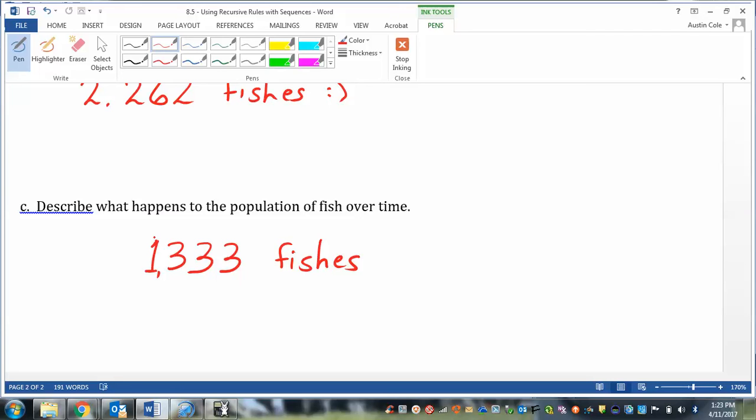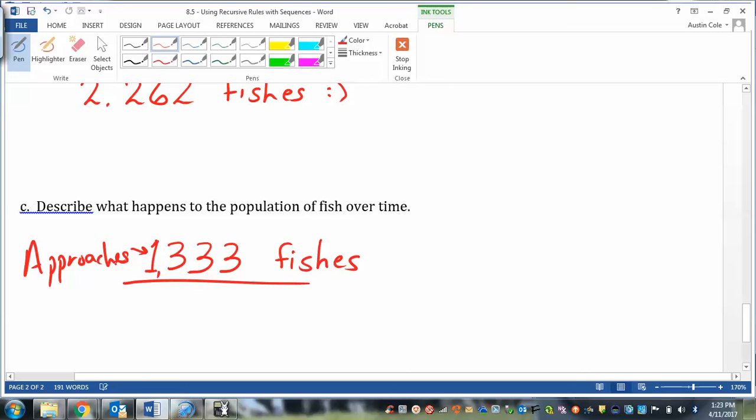So we're not going to actually say decreases until we get to 1,330? Sure, you could say decreases, or describe what happens: it approaches that many fish. There's an asymptote at that many fish, and so on.